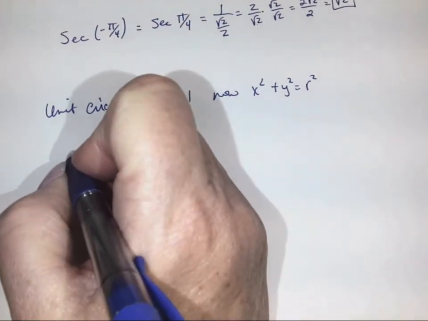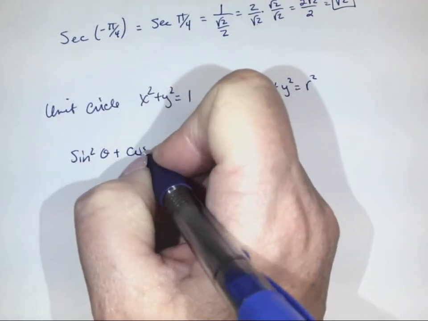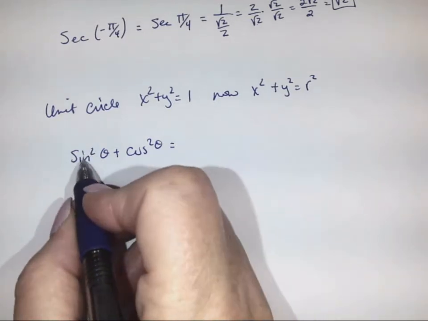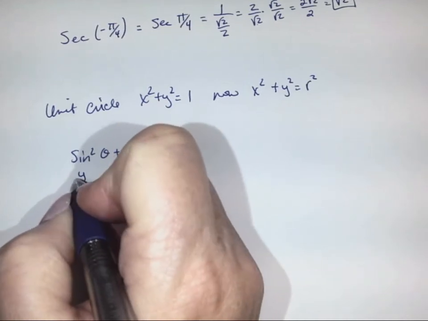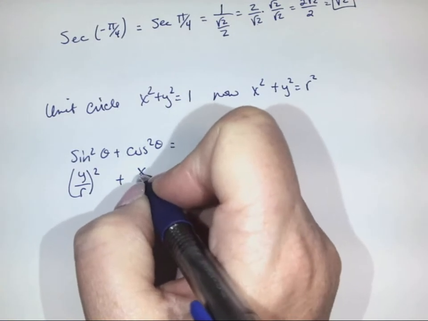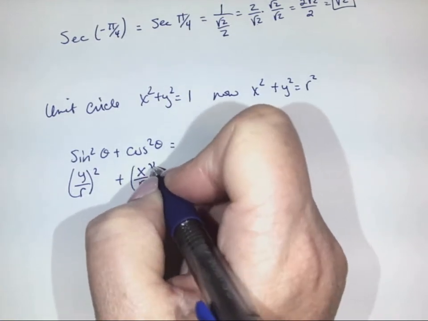So we know that sine squared theta plus cosine squared theta, what is it going to look like? We know that it would have been equal to 1, but let's actually look at this. So we know that sine squared is now y over r, quantity squared, plus cosine would be x over r squared.